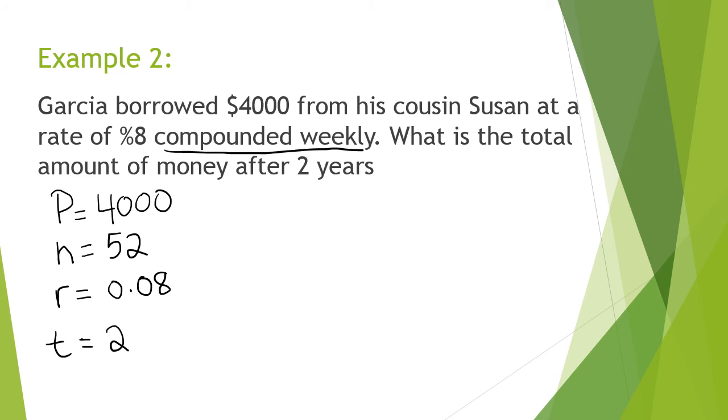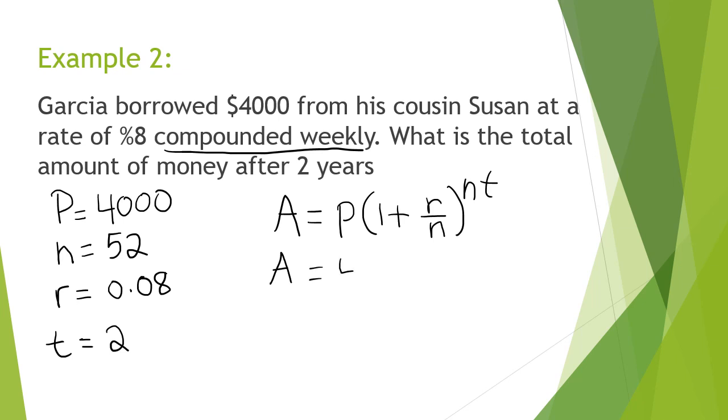So now, since the money is compounded weekly, I'm going to have to use the formula A equals P times 1 plus R over N raised to N times T. So A in this case is the final balance, which I need, and it is equal to $4,000 times 1 plus 0.08 divided by 52, raised to 52 times 2.